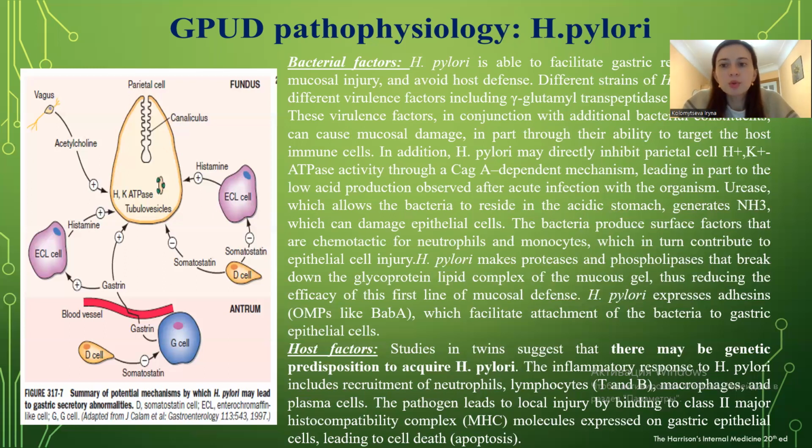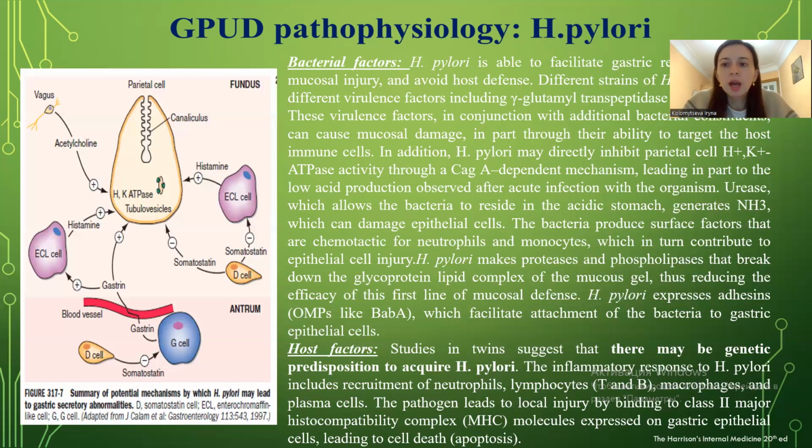The bacteria produce surface factors that are chemotoxic for neutrophils and monocytes, which in turn contribute to epithelial cell injury. Helicobacter pylori makes proteases and phospholipases that break down the glycoprotein-lipid complex of the mucosal gel, thus reducing the efficacy of the first line of mucosal defense.